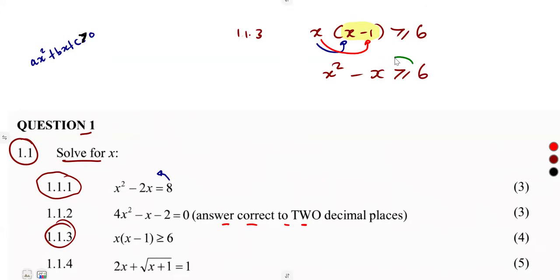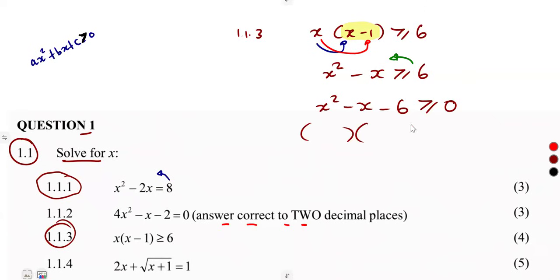So we're going to take 6 to the other side. Positive 6 is going to be -6. x squared minus x minus 6 is greater than or equal to 0. We no longer have any term on the right hand side, so we can factorize.